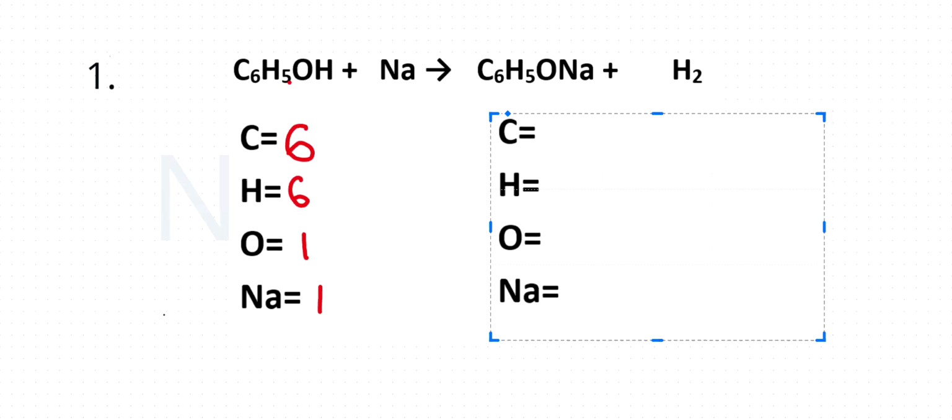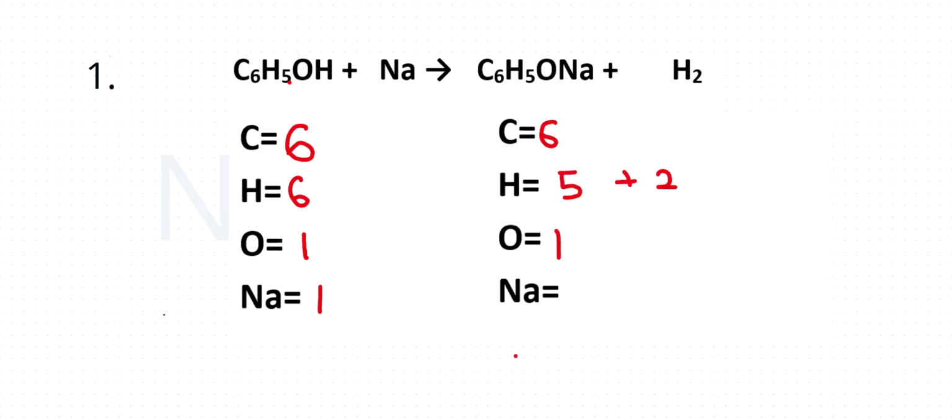Also for the sodium, I have 1 atom of sodium. Now, taking a look at this, I can see that it's only the hydrogen atom that is not balanced. On my reactant side, I have 6 atoms of hydrogen, and then on the product side, I have 7 altogether.